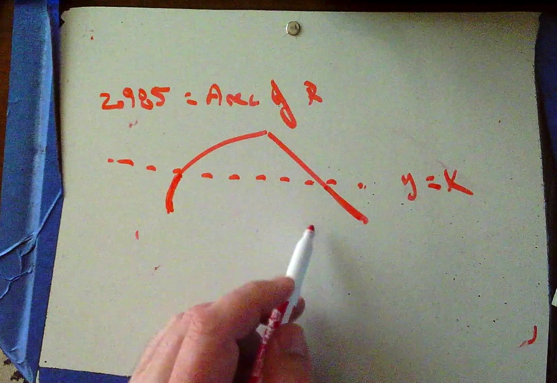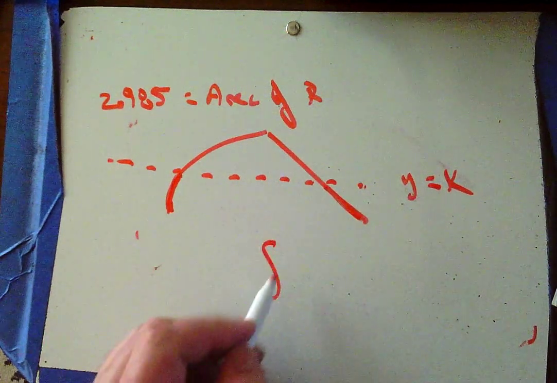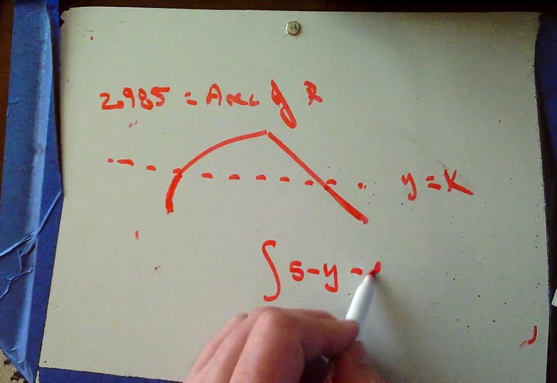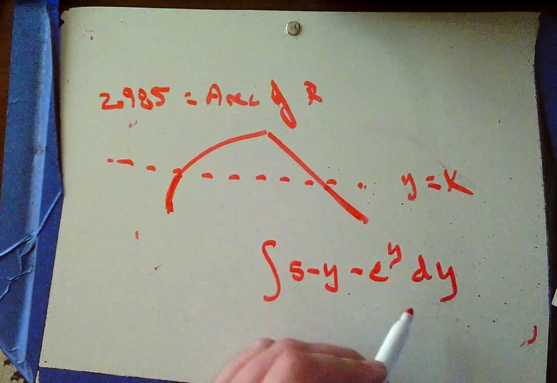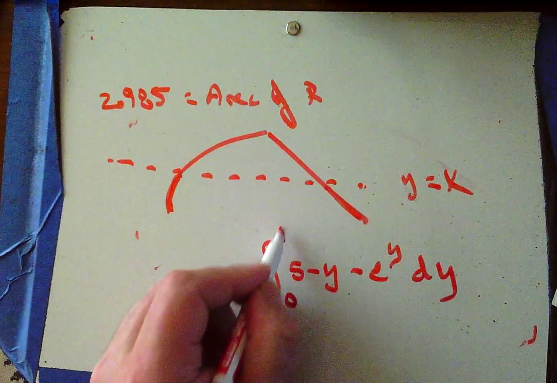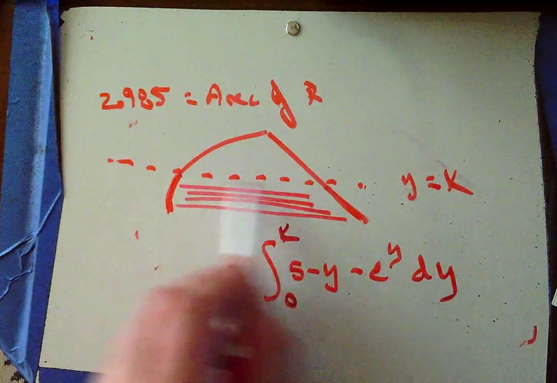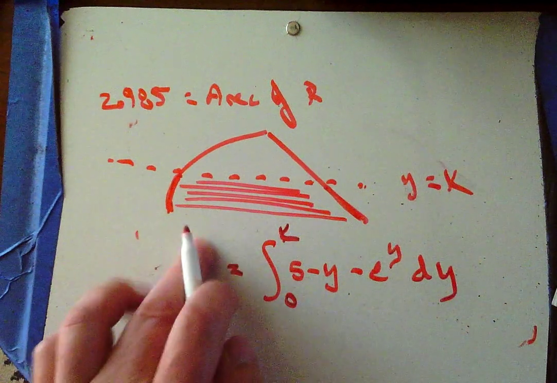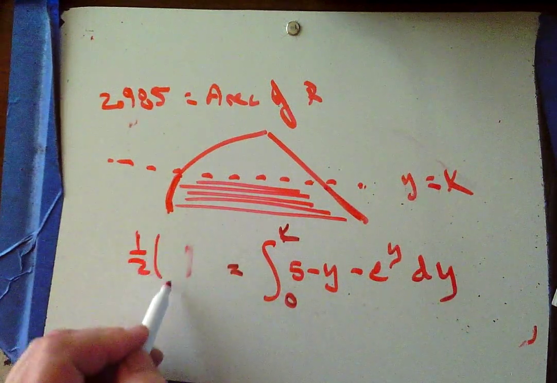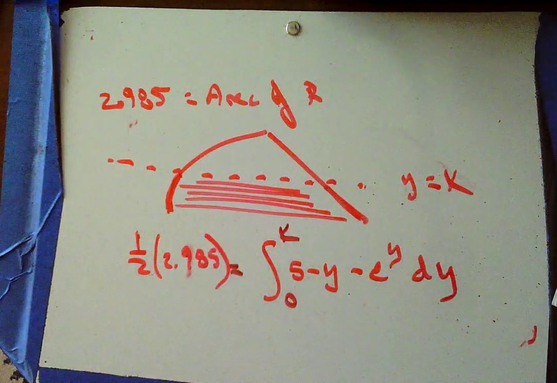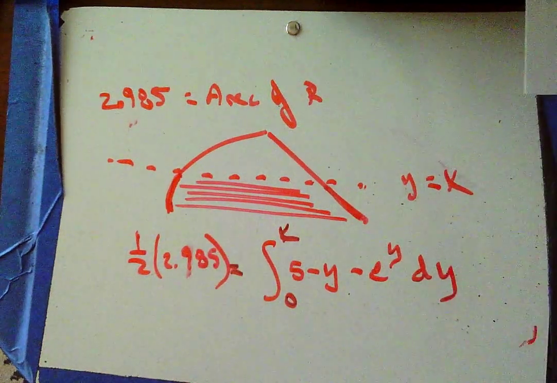I think that's a lot easier, and saying the integral of 5 minus y minus e to the y dy from 0 to k, the integral this way should equal half of 2.985. That's probably how I would do that problem.